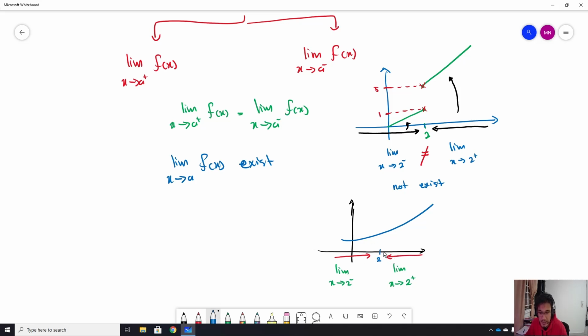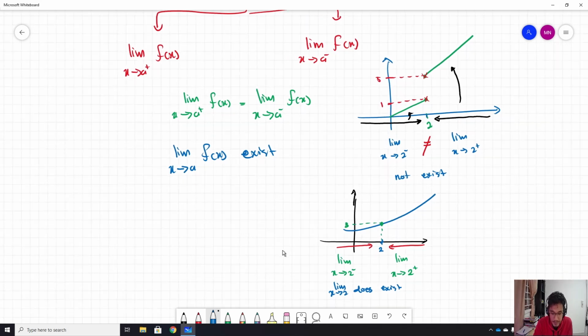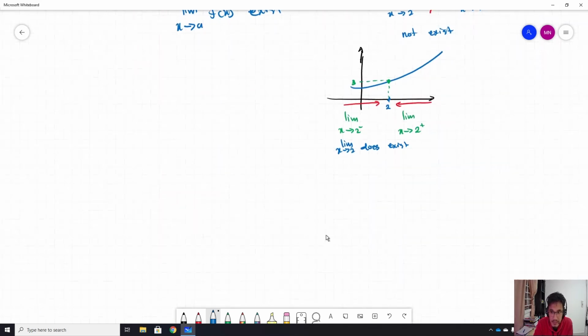So bila dia sampai dekat 2, kita tengok dia both are showing the same answer. For example 3. So yang ini means limit x approaching 2 does exist. Maksudnya dia bersambung, dia tidak ada gap di antara dua-dua graf tu, dua-dua belah kiri dan kanan.